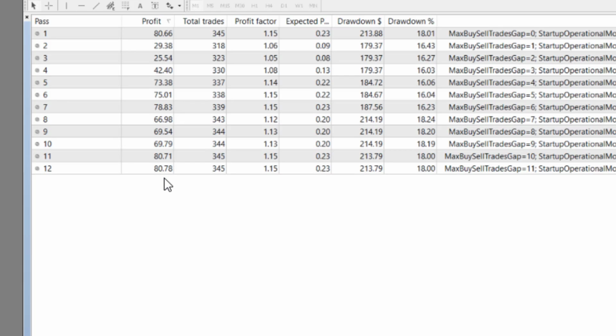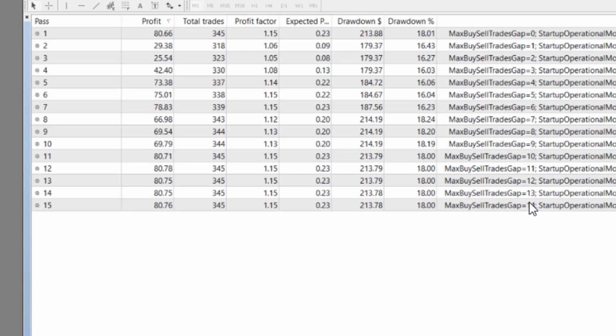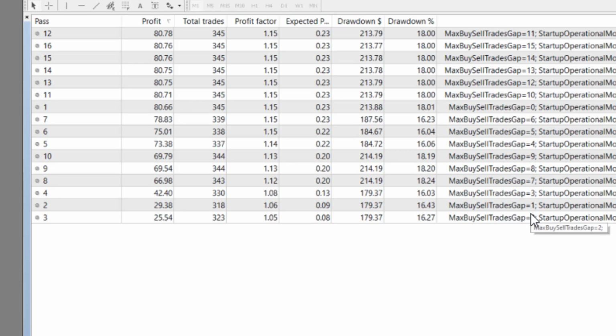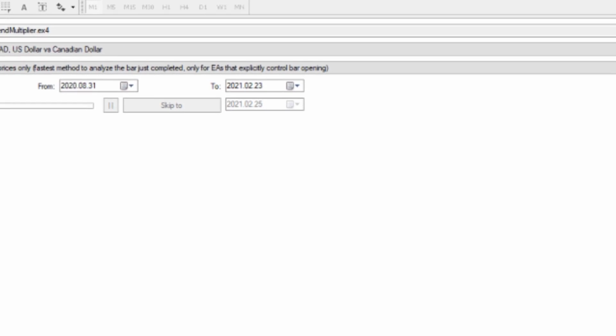Now we're starting to improve slightly by a few cents. Okay, so that adjustment hasn't really added much value. As you can see, the results remain around about 80. So let's have a look if there's anything else that can be tested.